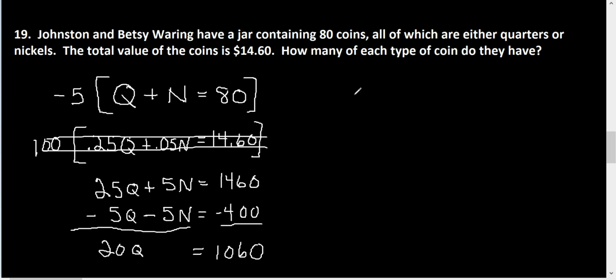Okay, divide both sides by 20, so that would mean Q equals 1060 divided by 20. Right? So zeros cancel out. I'll do this manually. Equals 53.